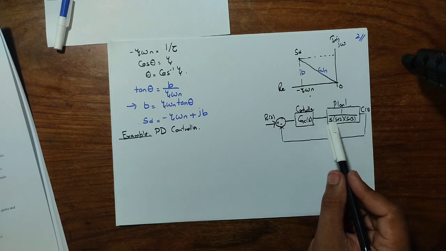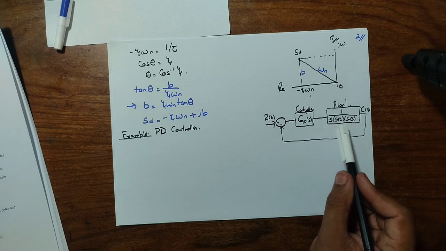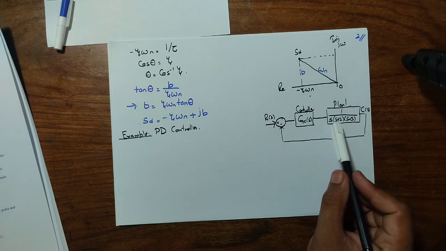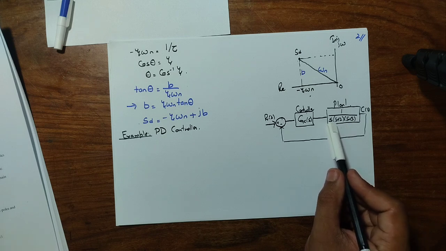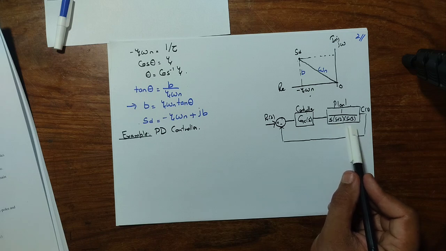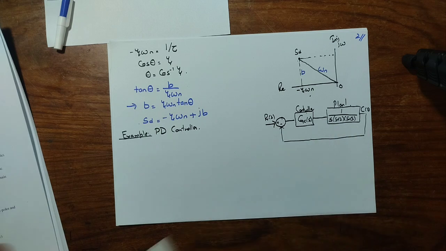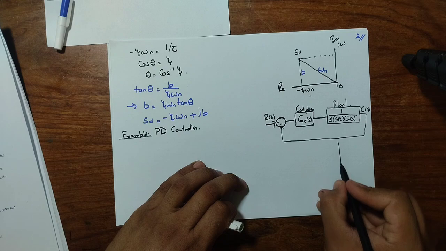We have a plant which has 3 poles in its transfer function. One is placed at the origin, another is placed at -2, and the third is placed at -5. So drawing this into the S-plane.